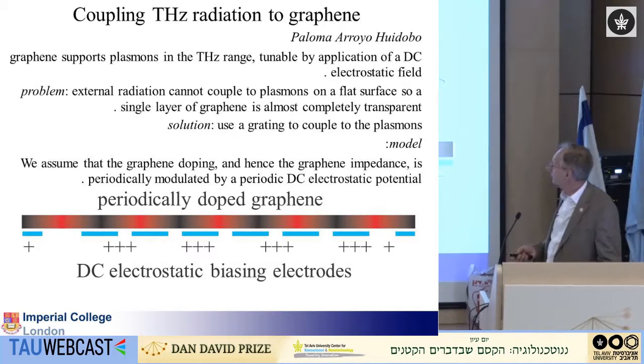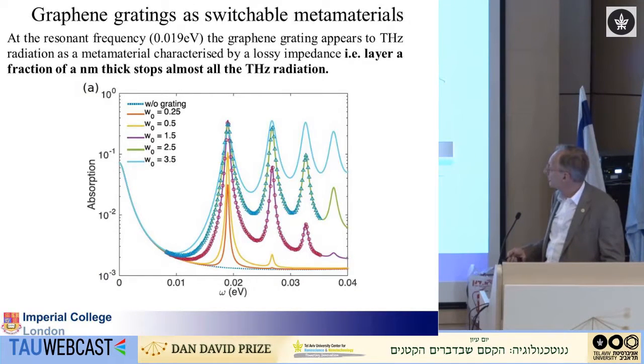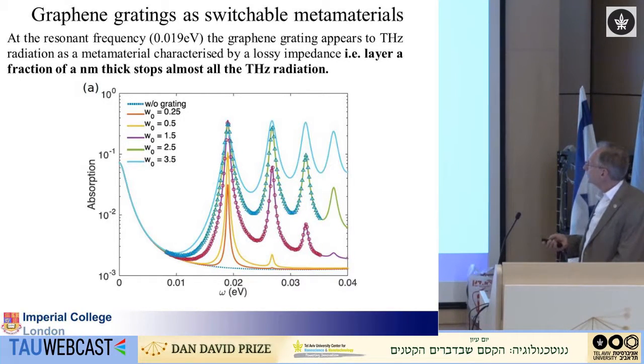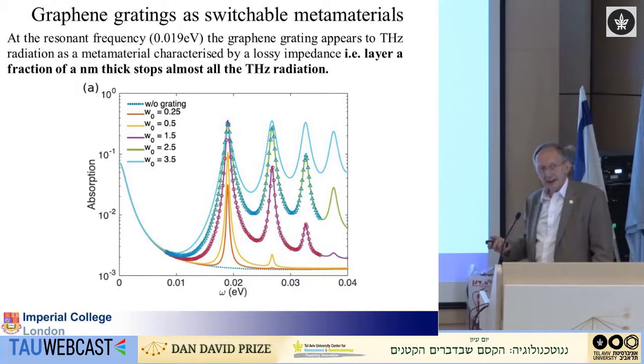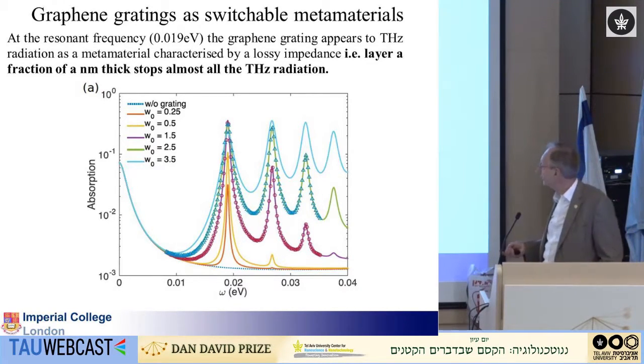So if you make that grating, you can calculate from the modes of a flat surface the modes of this grating. They're the same. And here is the absorption cross-section of a graphene grating doped in that manner. The electron density in graphene is rather low, and so the frequency of the waves is in the terahertz range, so it's about a hundredth of an eV.